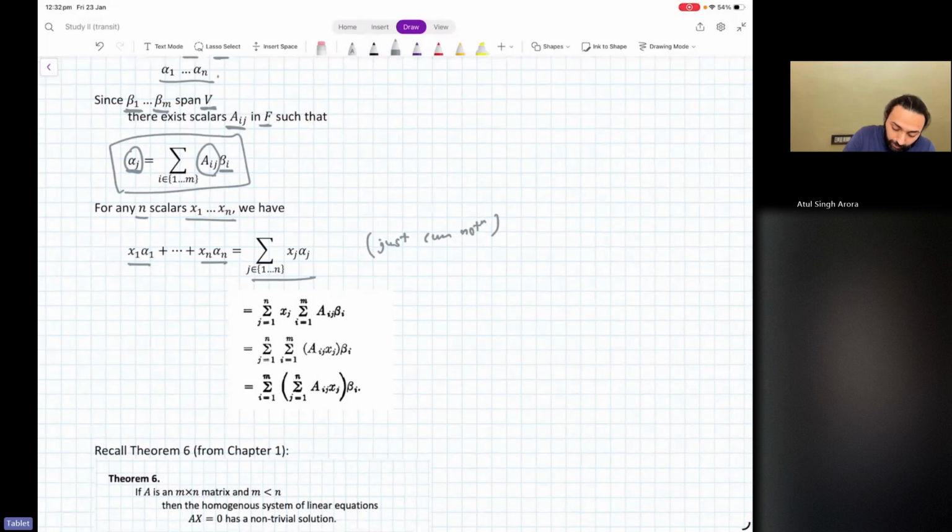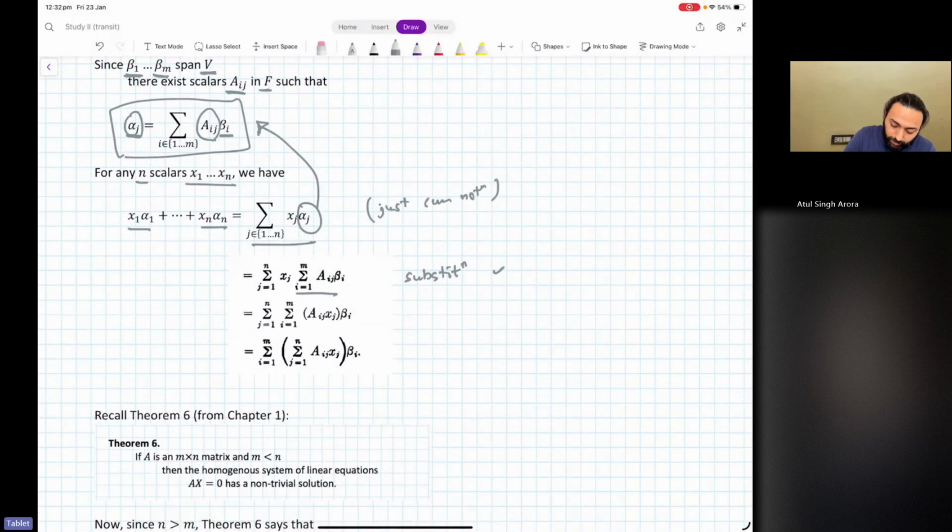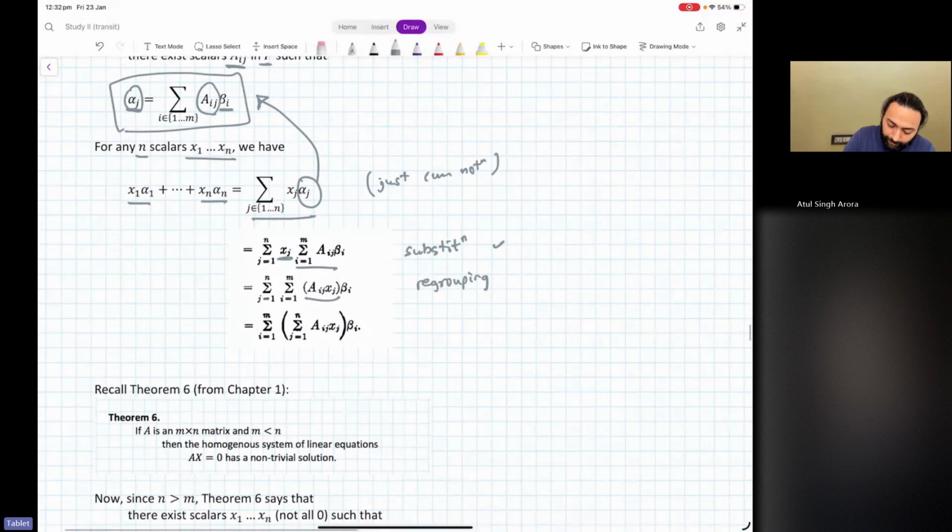We are substituting for alpha sub j using this. So this is just substitution. And now we are just regrouping terms, because everything is linear, so we can change the order.